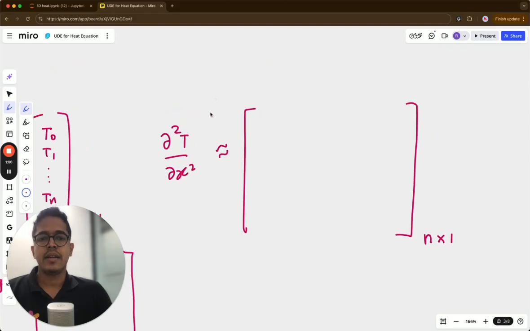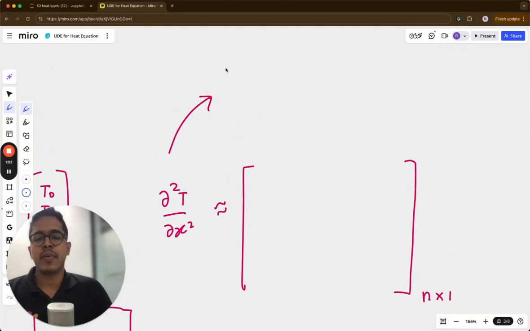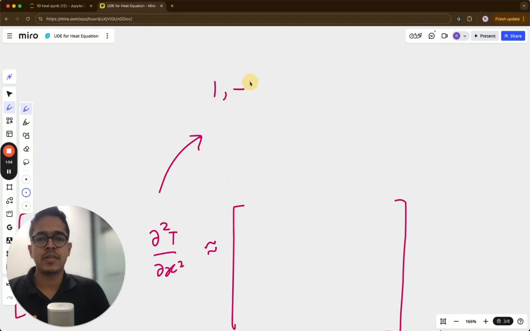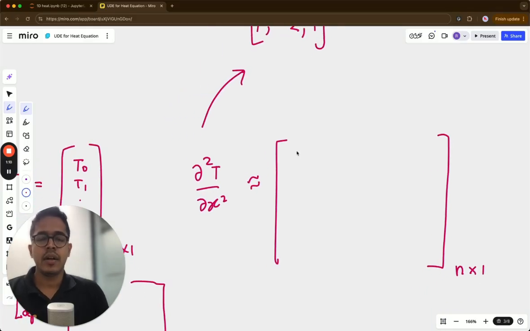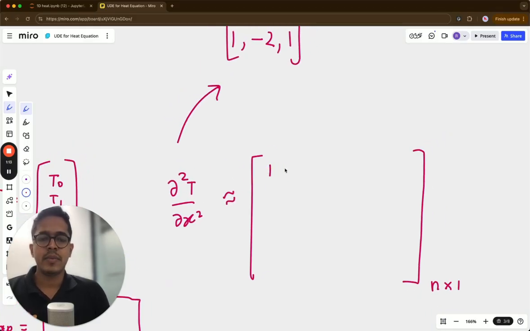What would these individual elements be? We know that dou square T by dou x square can be approximated using a stencil 1, -2, 1, right? So what would this look like for the first data point T0? This will be 1 times T1, minus 2 times T0, plus 1 times T minus 1.